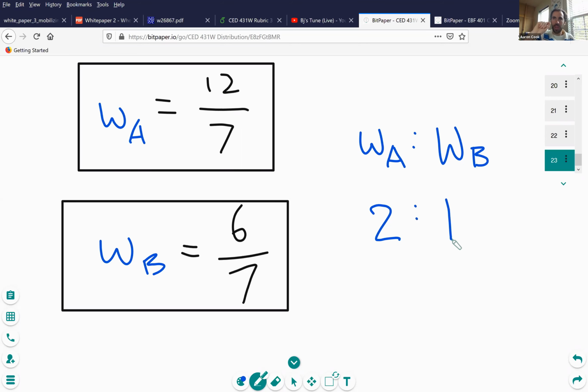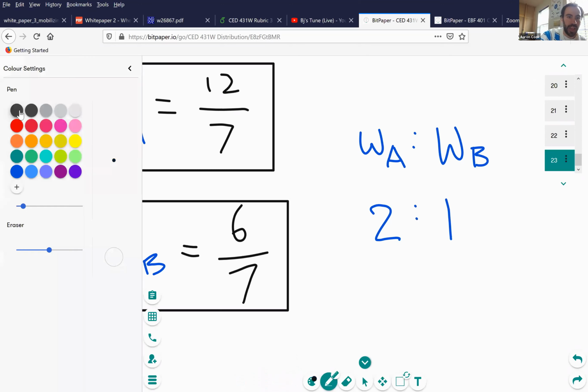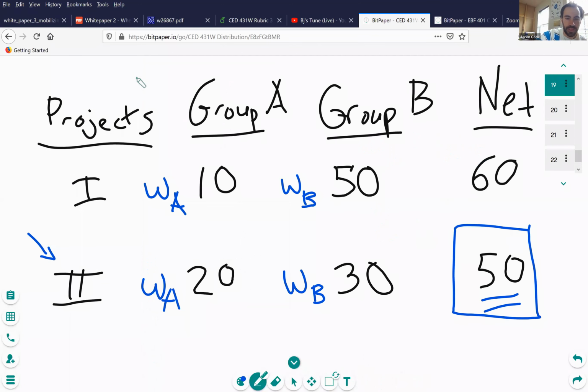The weight being applied to group A is at least 2 times larger than group B. In the event that you observe politicians actually choosing this second policy over this first policy, they might even be using higher weights than 2 to 1. All we know is that it must have been at least 2 to 1, weighting the benefits to group A at least twice as much as group B.